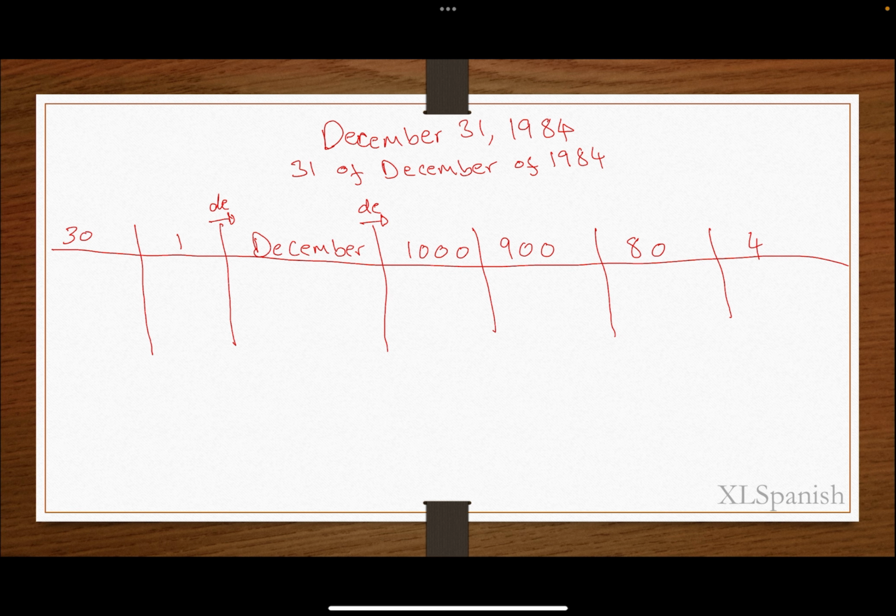Okay, 30 is treinta. 1 is uno. December is diciembre. 1000 is mil. 900 is novecientos. 80 is ochenta. 4 is cuatro.